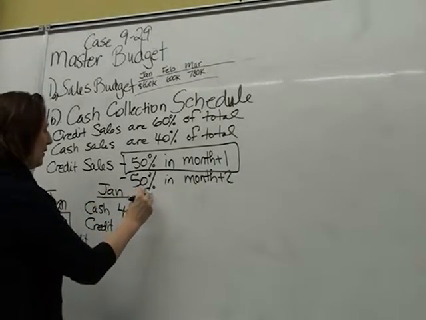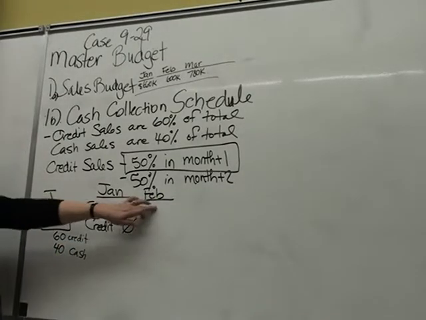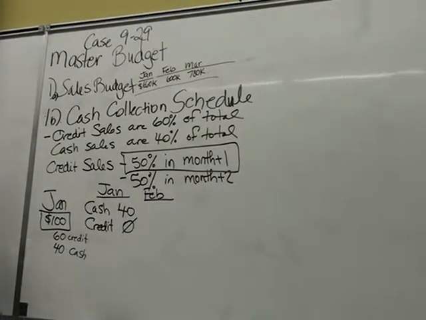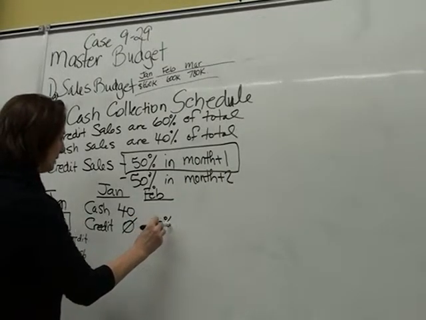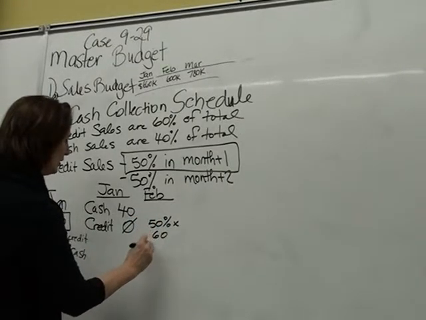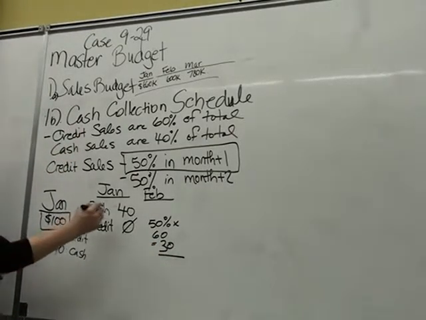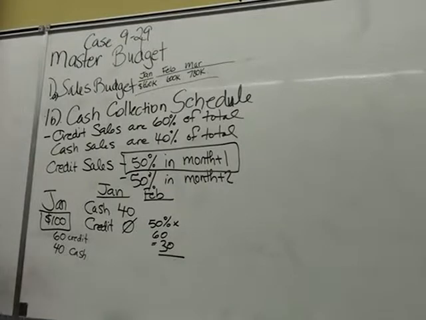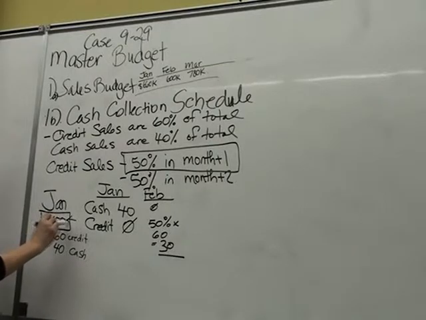In February, which is month plus 1, this is the month following the month. You are going to collect 50% times $60, or $30. For January's sales, you're not going to collect any cash here for these sales. I'm only talking about these sales.